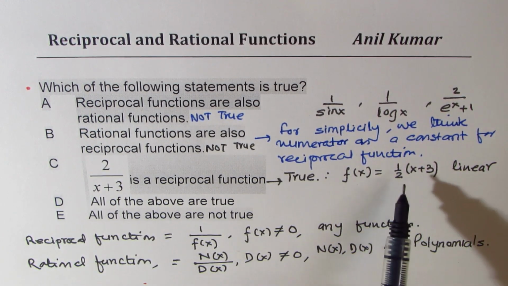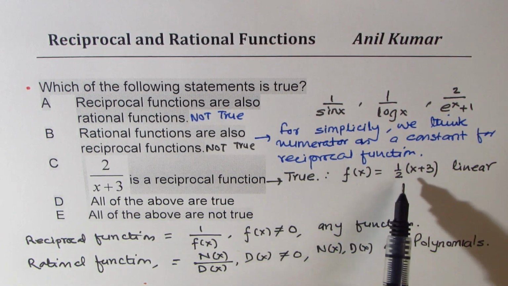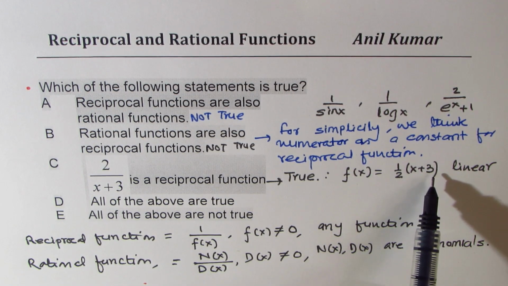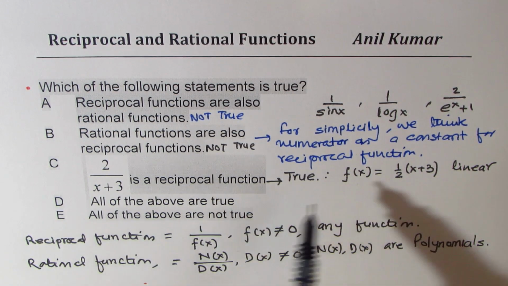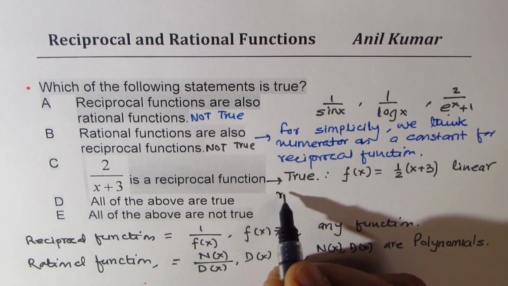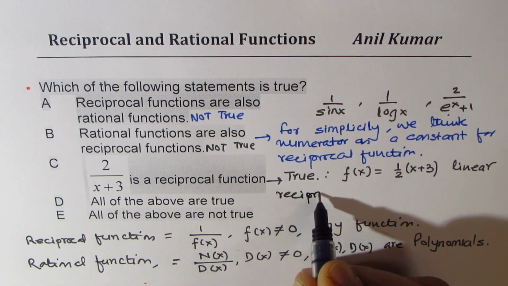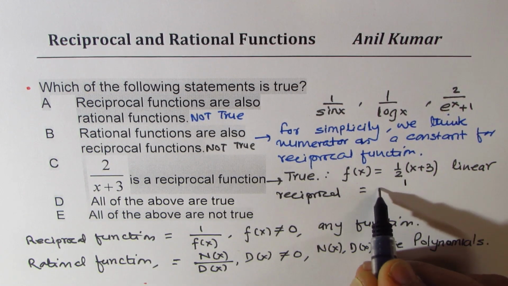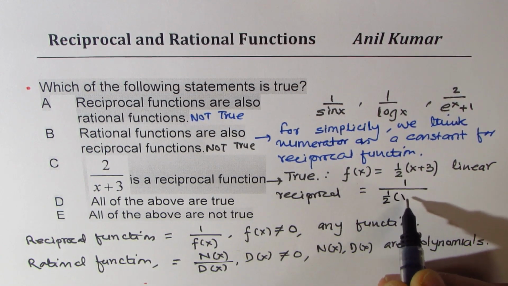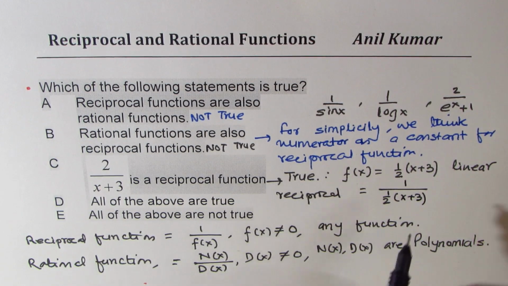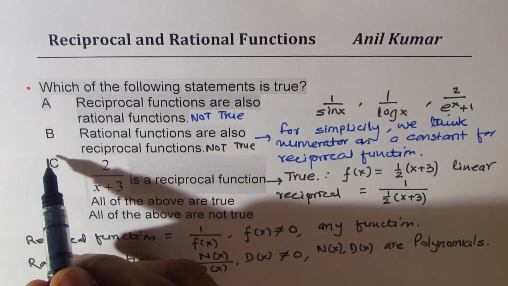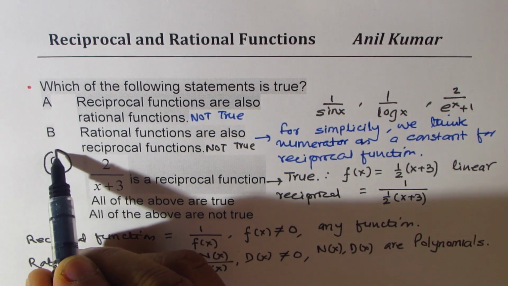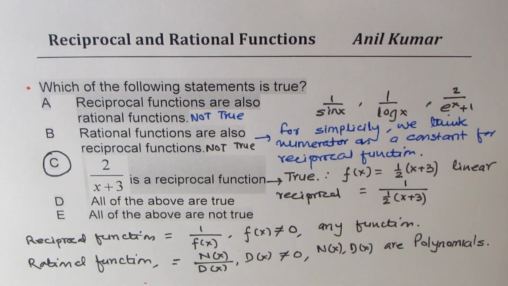So if you treat this as simple function half of x plus 3, it becomes reciprocal of this. So here we are saying reciprocal function is 1 over half of x plus 3. Does it make sense to you? So we'll say this is the correct statement. This is the correct statement, right?